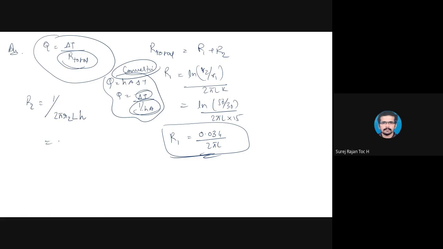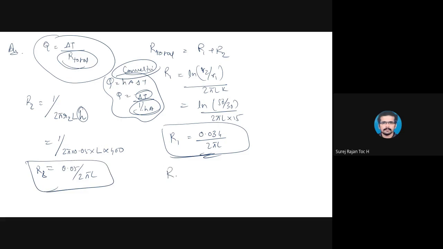Substituting the values, 1 by 2 pi into r2, that is 0.05, into L, into h, which is already given in the problem as 400. So from here you get R2, that is 0.05 divided by 2 pi L. So R2 is equal to 0.05 divided by 2 pi L.